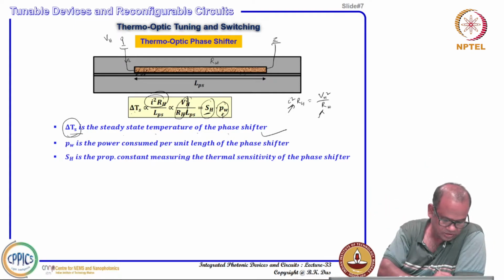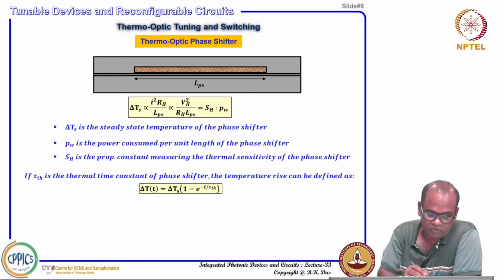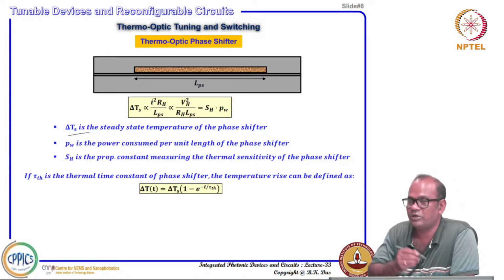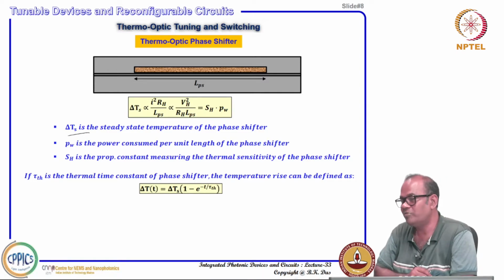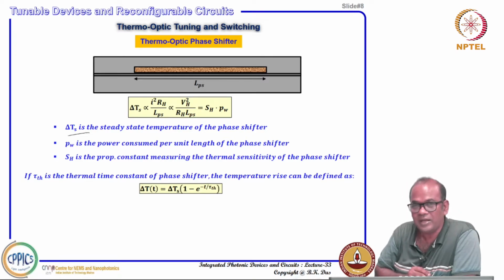So, next thing is, this is what we call steady state temperature rise, but normally if you want to use that phase shifter for a certain duration of time, or you want to make a certain kind of switch, we will be discussing a little while later. In that case it is very important how fast you can raise the temperature, and how fast you can cool down the waveguide.